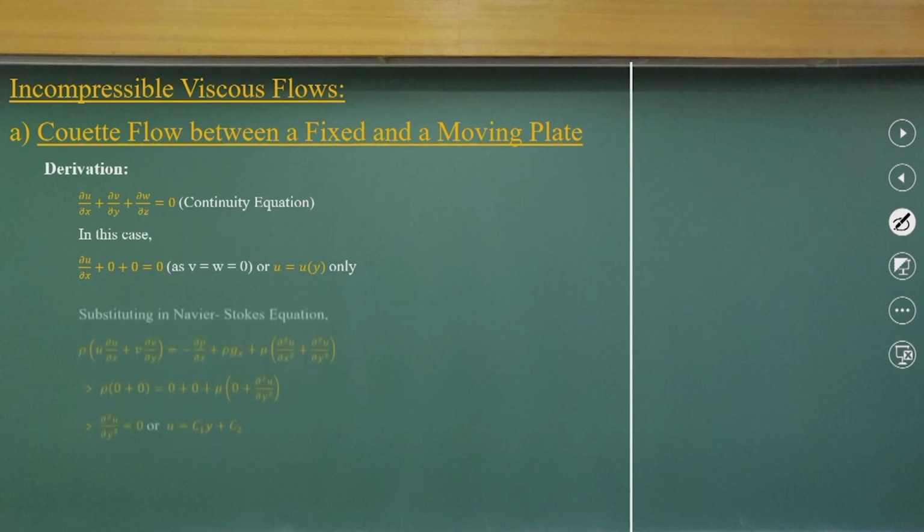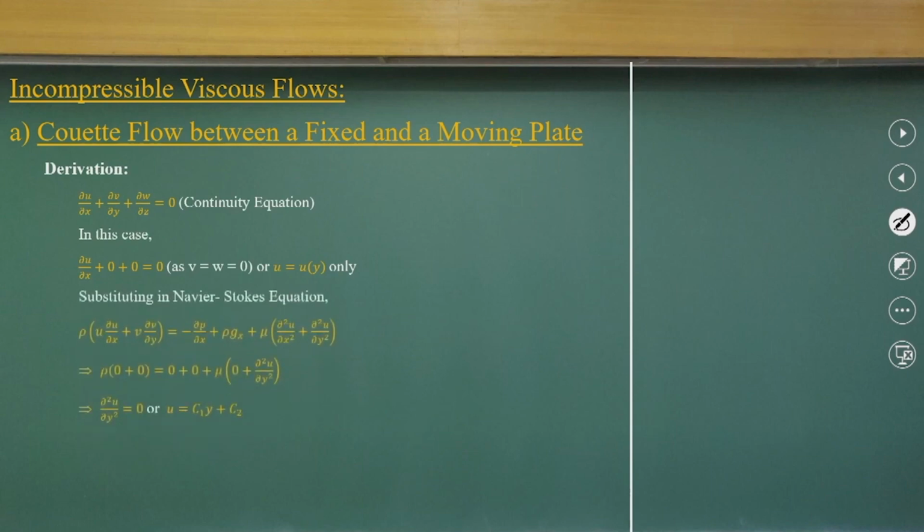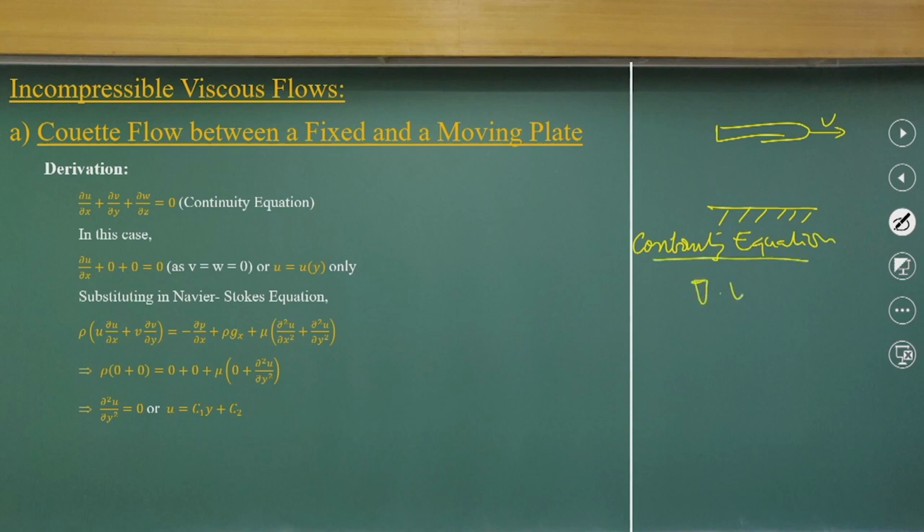Now, if I look at the same components, with velocity V and the plate moving like this, the first equation we look at is the continuity equation. The velocity divergence is equal to 0: du/dx plus dv/dy plus dw/dz is equal to 0.